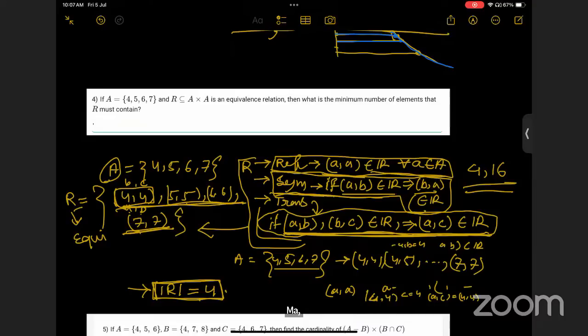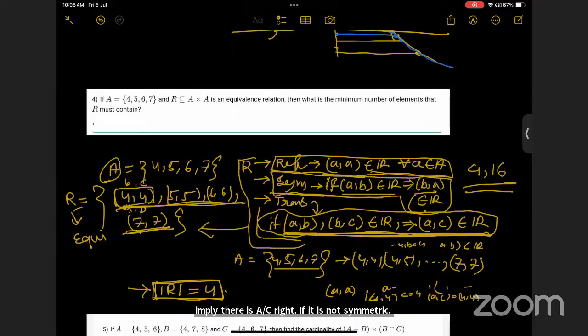Ma'am, one more question in that same case, transitive. If there is (a,b), (b,c), and instead of (a,c), there is (c,a). Is it kind of transitive or no? If it is not symmetric, then (c,a) doesn't imply there is (a,c), right?